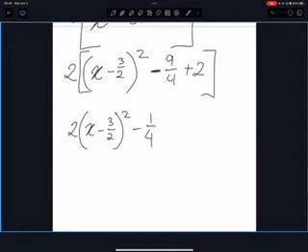So where is the minimum? At 3/2, minus. Yes?